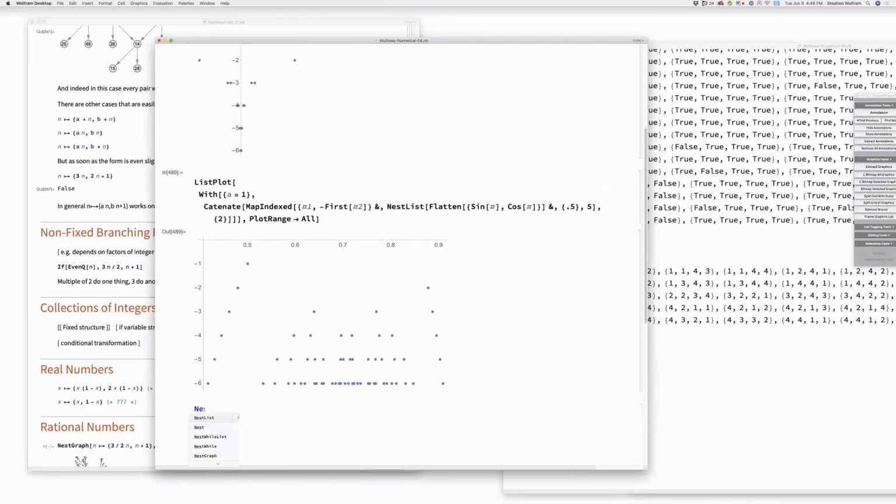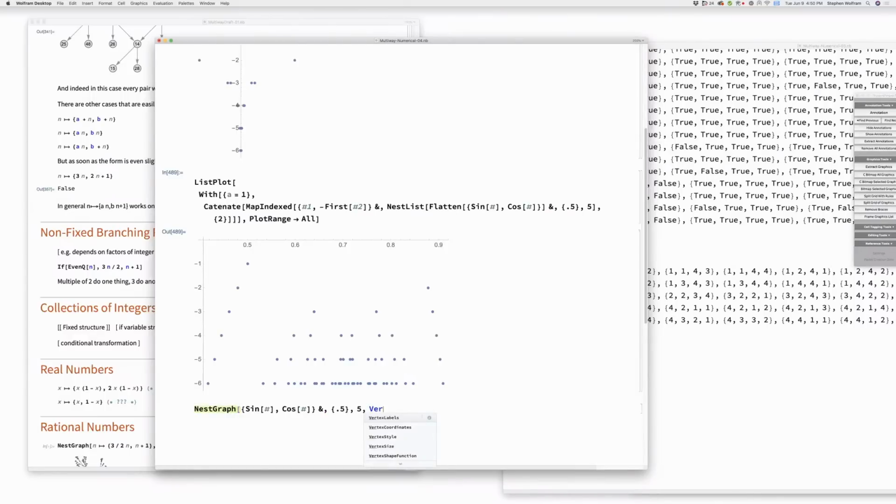It won't be a very exciting one, but I could draw it by using these values here. Yes, I could say nest graph of that function applied to 0.5, 5 iterations.